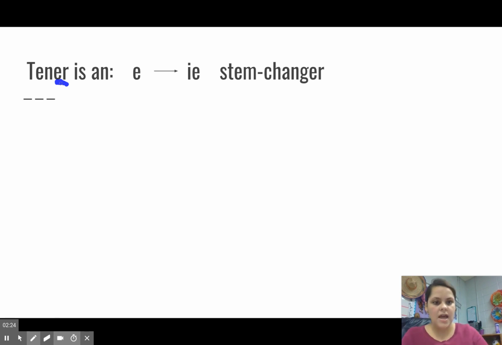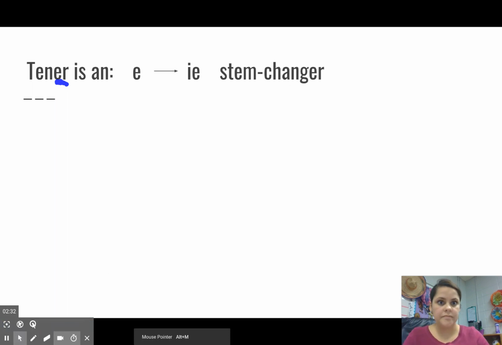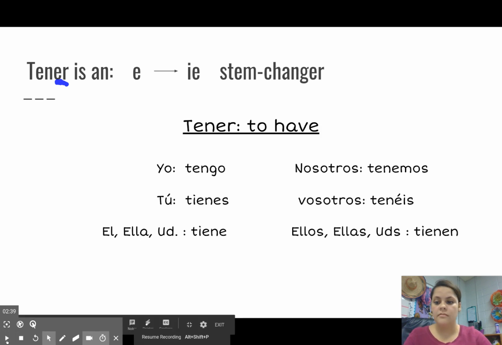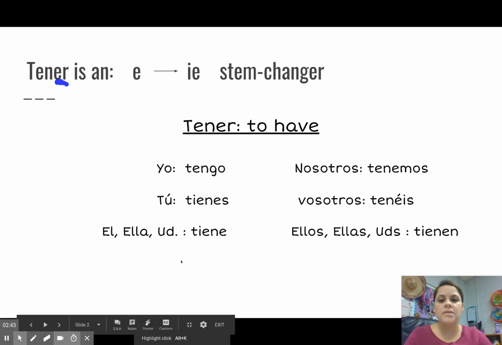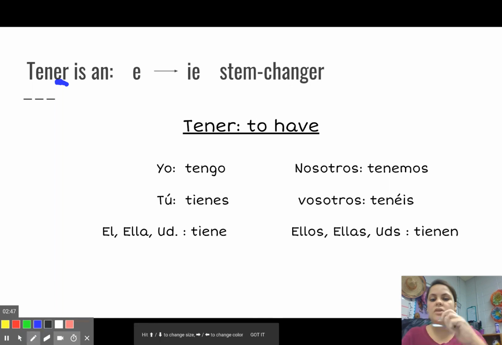All right, so let's look at how to conjugate the verb tener, and we'll go through all of the forms, maybe, if my mouse will work. All right, sorry, it was acting weird. So let's look at its conjugations. We have the verb tener, to have. Essentially, that's its basic form.